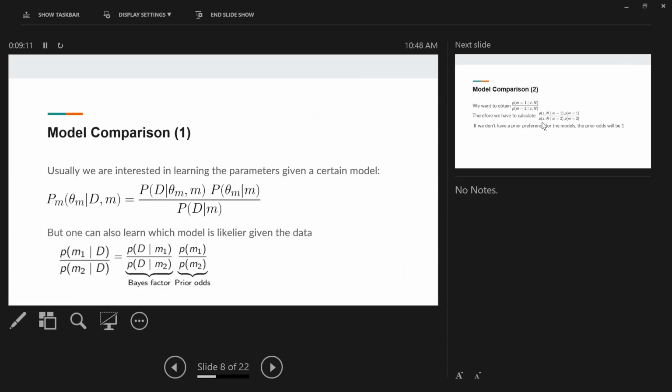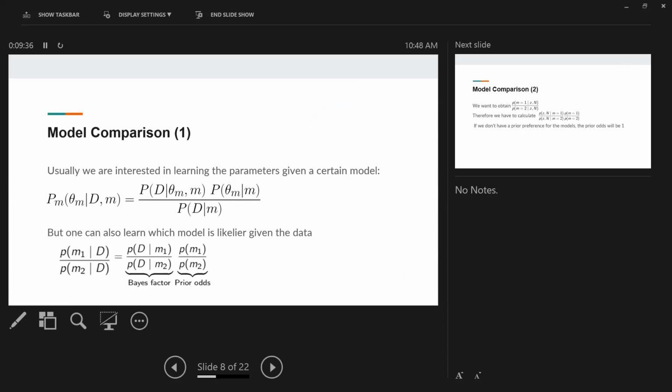So the most important part of Bayesian statistics is model comparison. You can use Bayes rule to get the parameters based on a given model, but we can also compare two models and see which one is better or more likely given the data. So we have prior odds, Bayes factor, and posterior odds.